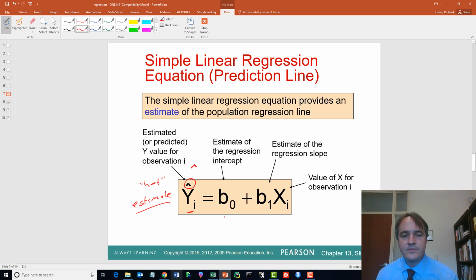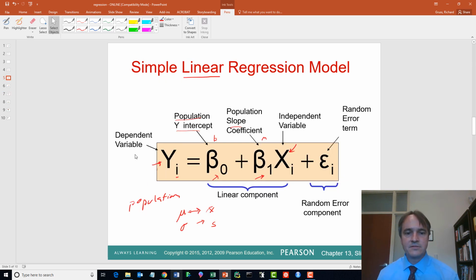So instead of using beta now, we've gone to lowercase b, and we still use the subscript 0 here, and subscript 1. So this again is the slope, and this again is the x variable for that row. Okay, so this is actually what we're going to be coming up with. So this is our theory, our theoretical idea of what we're doing by describing the relationship between these two population variables.